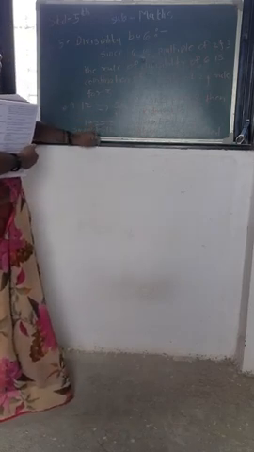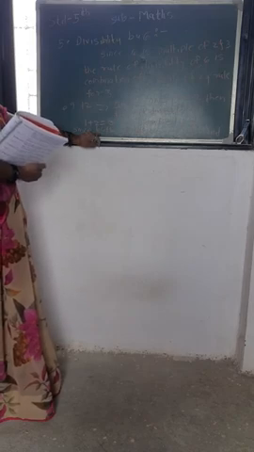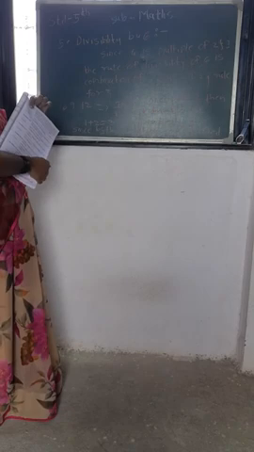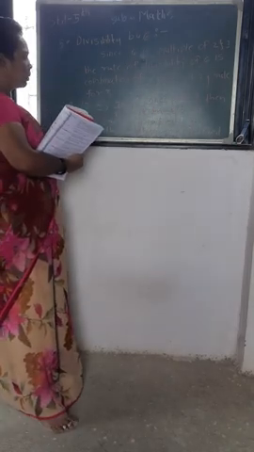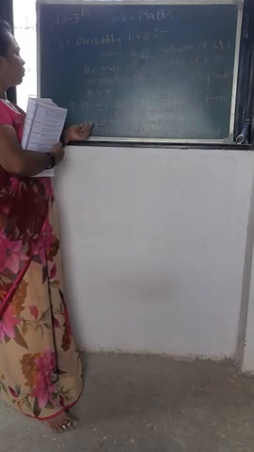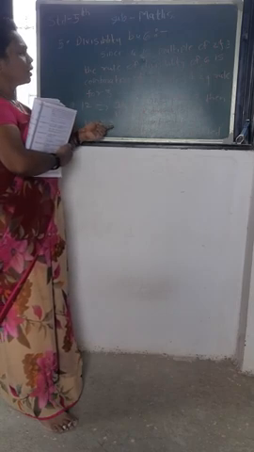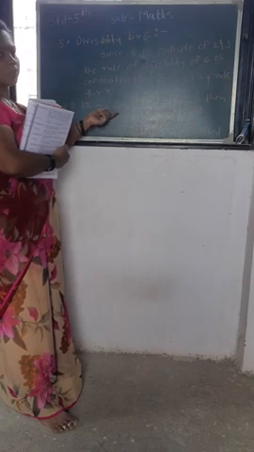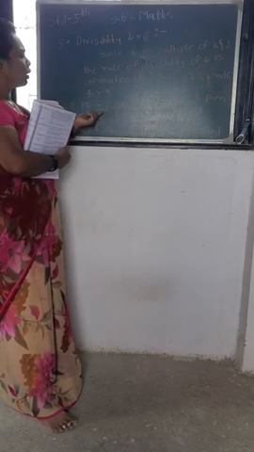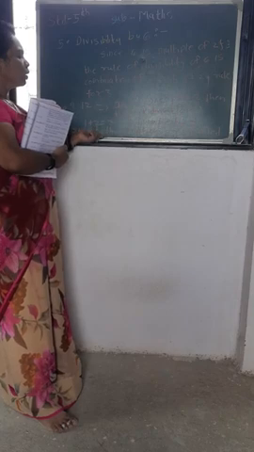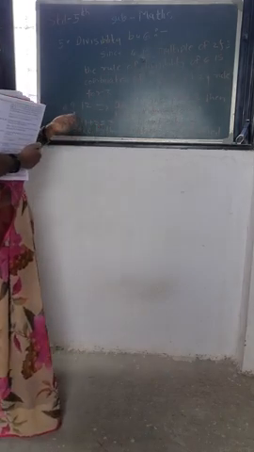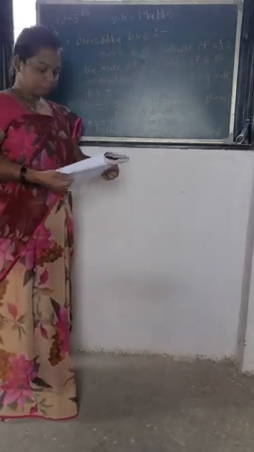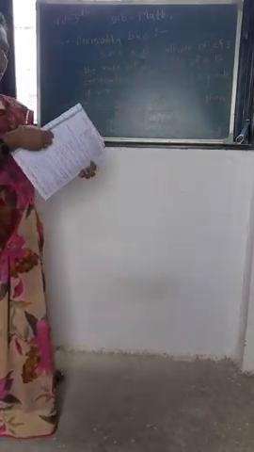Then for divisibility by 3, if the sum of its digits is divisible by 3, the number is divisible by 3. The sum of its digits, 1 plus 2, is 3, and 3 is divisible by 3. Since 12 is divisible by 2 and by 3, 12 is divisible by 6.